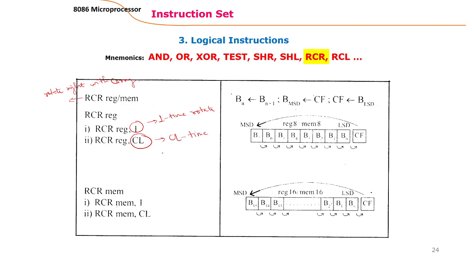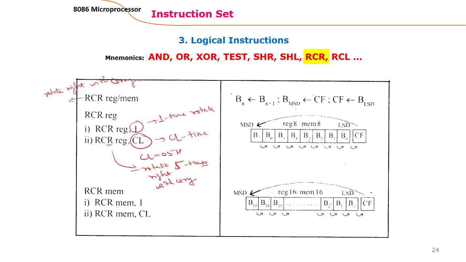Suppose CL content is 05 H. That means we should be rotating 5 times to the right. Rotate right 5 times. And this C is there, that means we need to rotate with the carry.